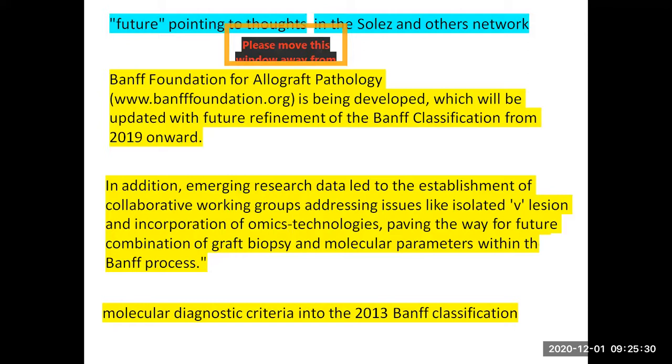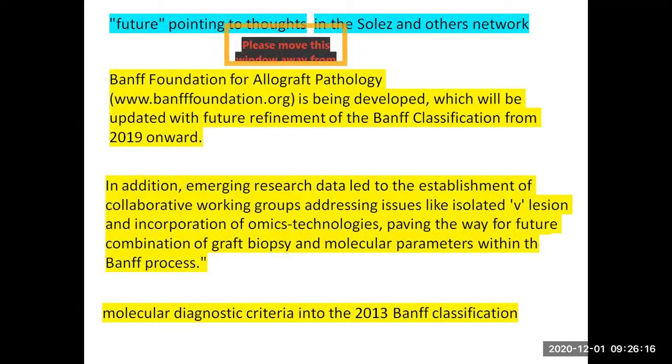By looking at the word future in their papers and in what context they have mentioned it, we can see very readily the Banff Foundation for Allograft Pathology, which is being developed, and how it is going to be updated from 2019 onward, the way the future thoughts they are thinking, the emerging research on collaborative working groups addressing issues like isolated V and incorporation of omics technologies, which excites me even more because we are into omics technologies.